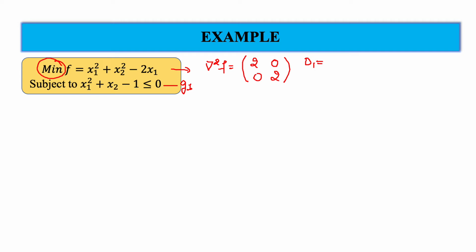Principal minor of order 1 is 2, which is greater than 0. Principal minor of order 2 is 4, that is also greater than 0. Since both the minors are greater than 0, it's a positive definite matrix, which means f is a strictly convex function.